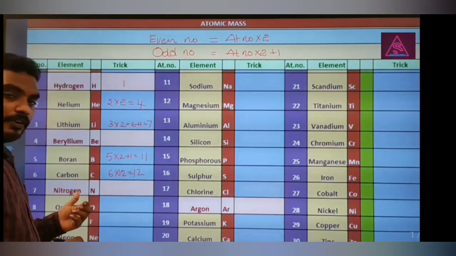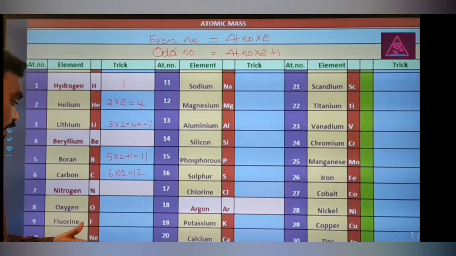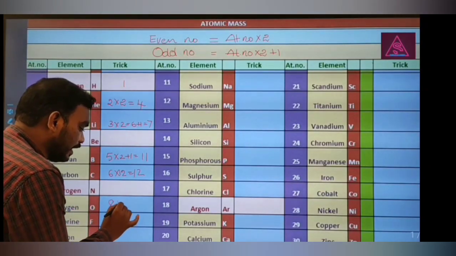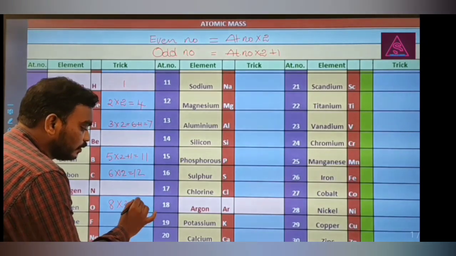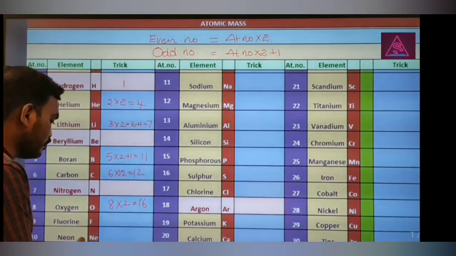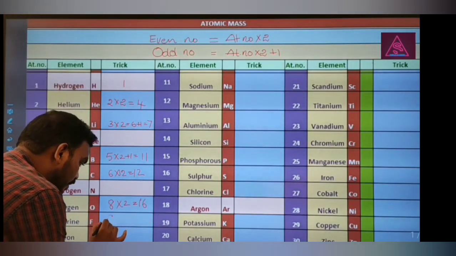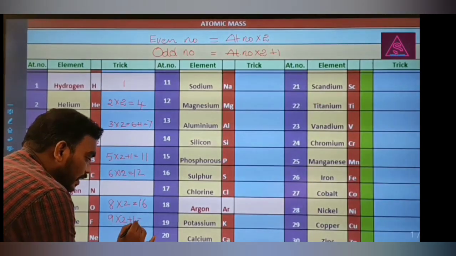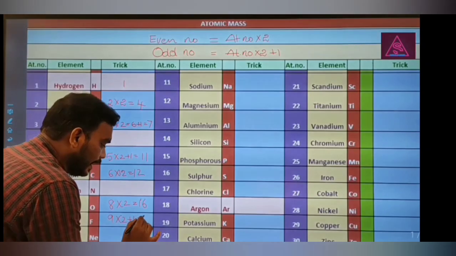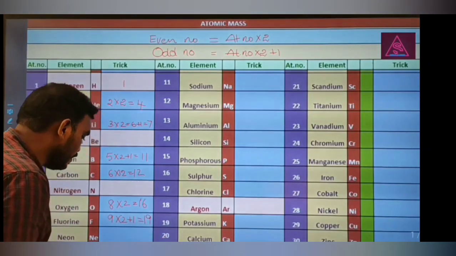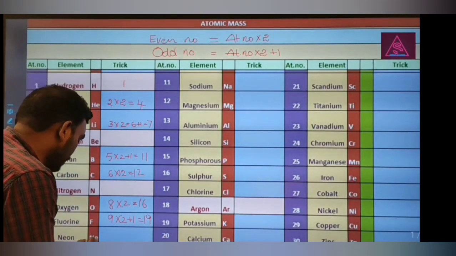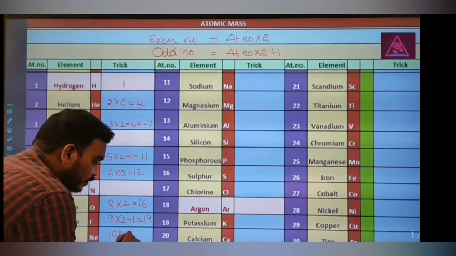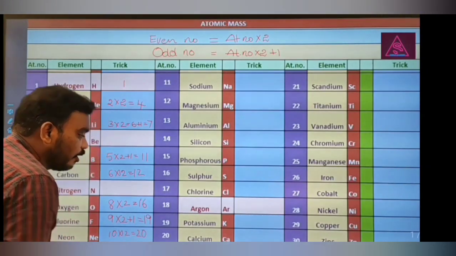Nitrogen is also an exemption. For oxygen, atomic number 8 into 2, that is equal to 16. For fluorine, odd number 9 into 2 plus 1, that is equal to 19. And the 10th one is neon, 10 into 2, that is equal to 20, its atomic mass.